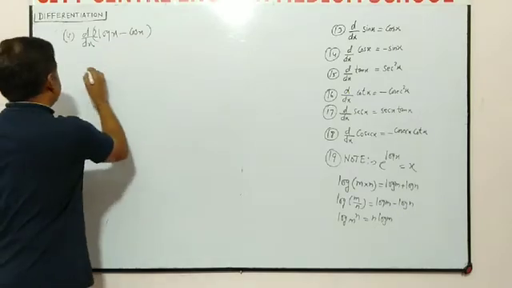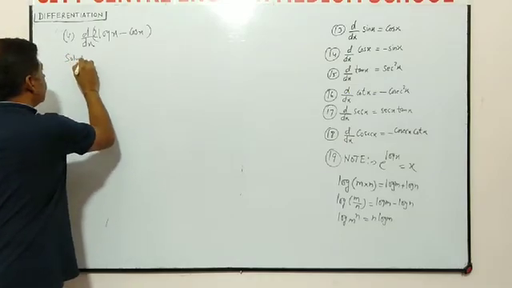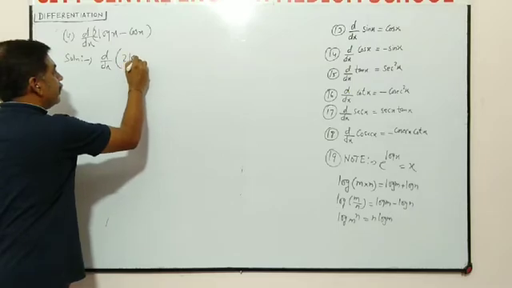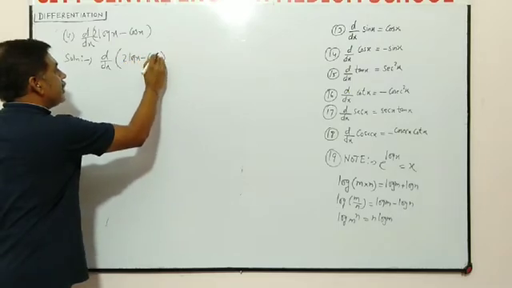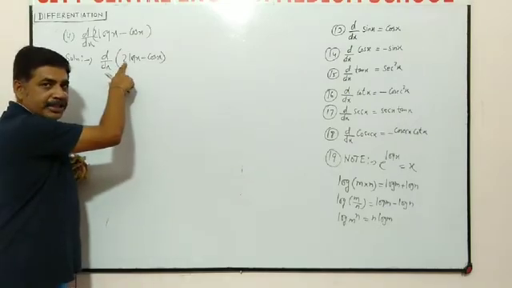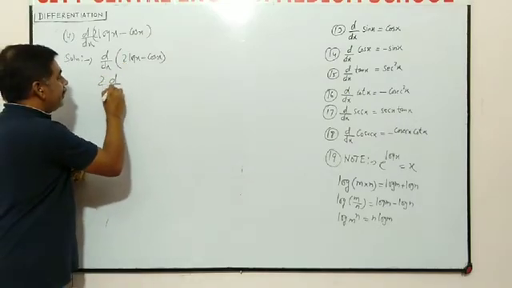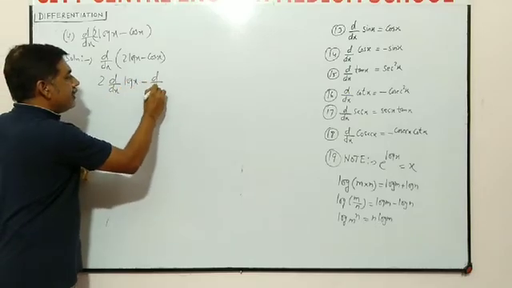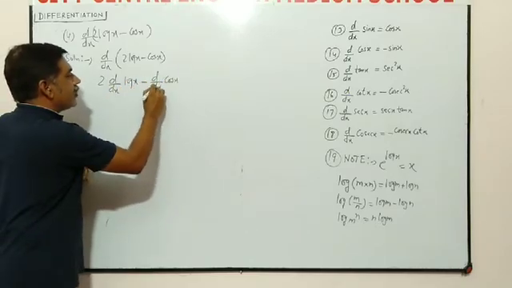How many terms? There are 2 terms. So d by dx in bracket 2 log x minus cos x. Clear? Now 2 is constant, so write 2 outside. d by dx log x minus d by dx cos x.